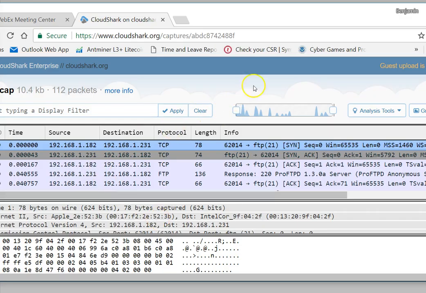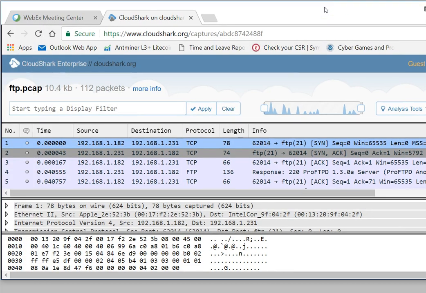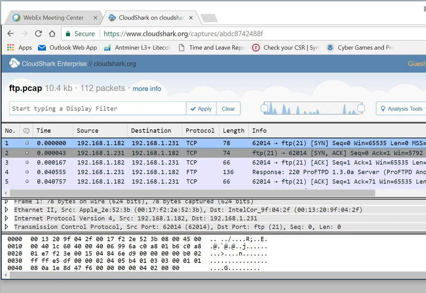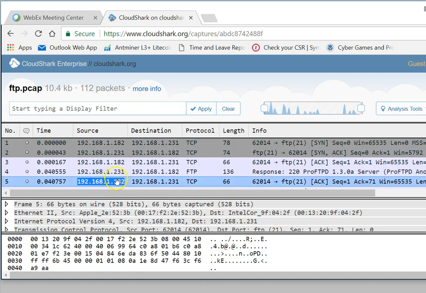So what we're seeing here is, if we take a look at the CloudShark application, we can bring it up and actually take a look at the different pieces of the protocol and how it's structured. And the thing about signature is you can go ahead and go back and pull up one of these packets and take a look at it real quick so everybody kind of gets an idea.